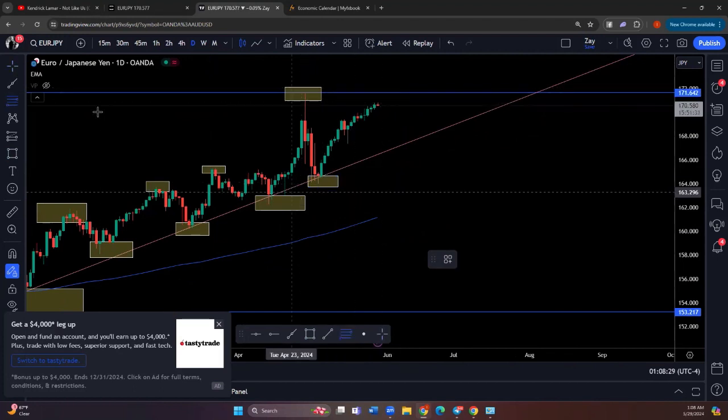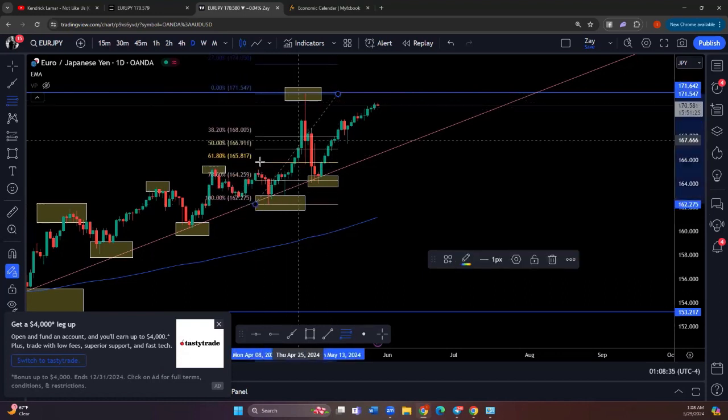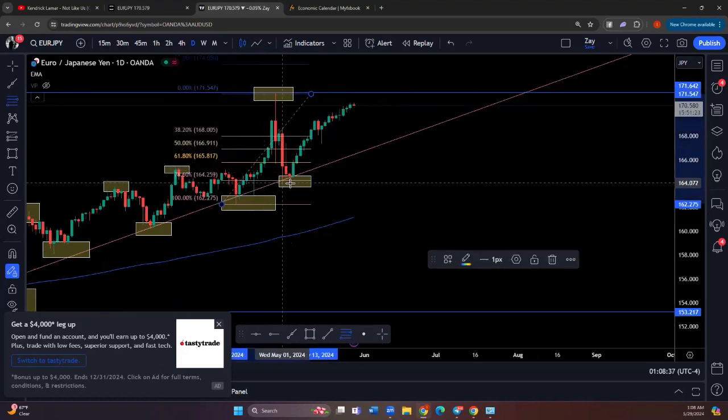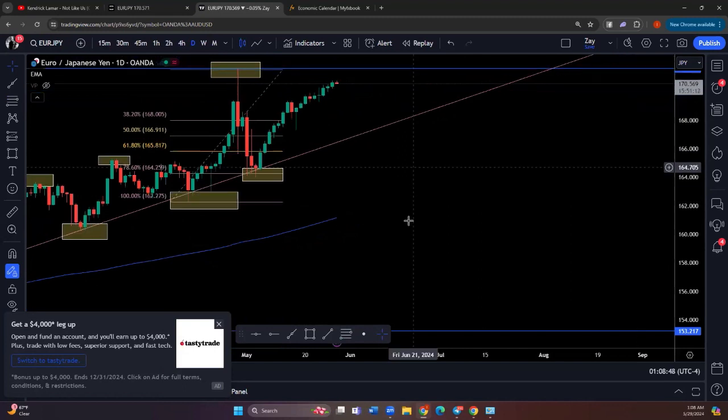Okay, so before I go there, let's go here. From this low to this high, right? Y'all see how the market did us? Liquidity sweeps to the 78.6 just to go up. And let's say we got in this trade right here and we're like, yes, sir. We buying right here.